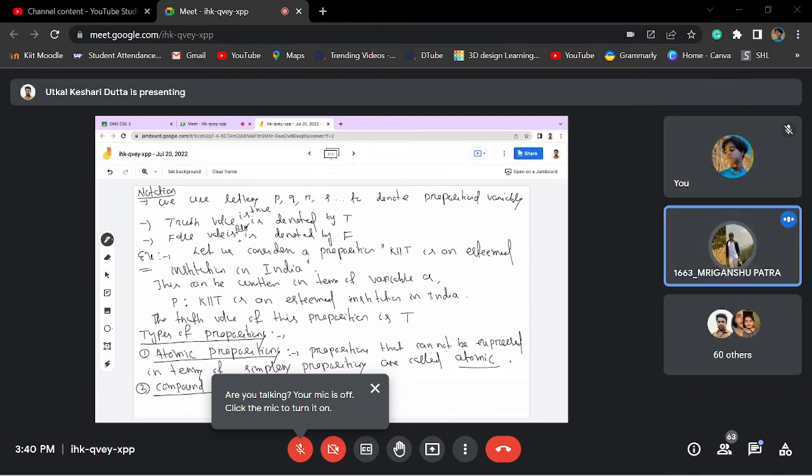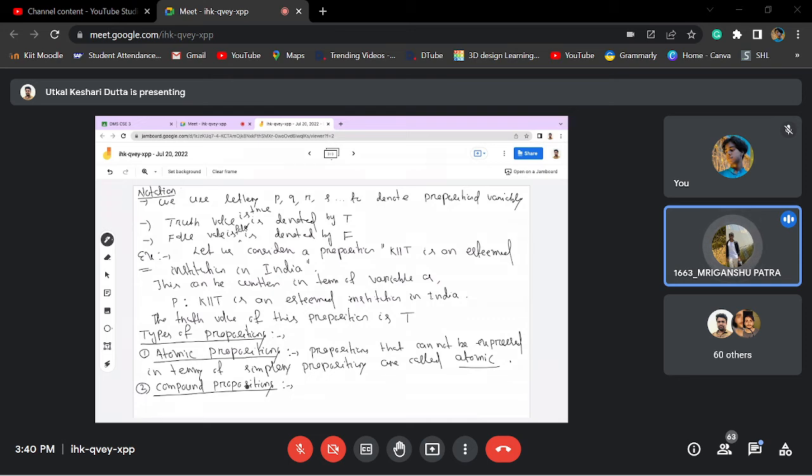Which can be dissolved into smaller atomic propositions. Yeah, that is one way to say it. Compound propositions are a combination of atomic propositions. Atomic propositions cannot be simplified further, but compound propositions can be simplified in terms of atomic propositions. Not complex, that is compound proposition. These are specific names, you cannot change them.